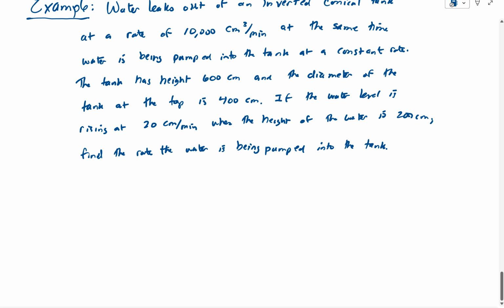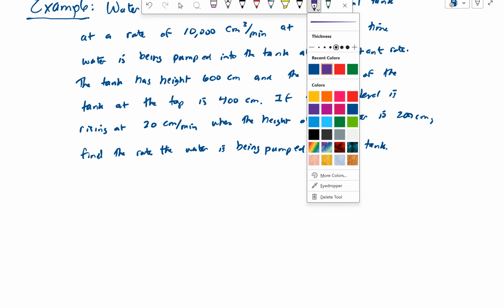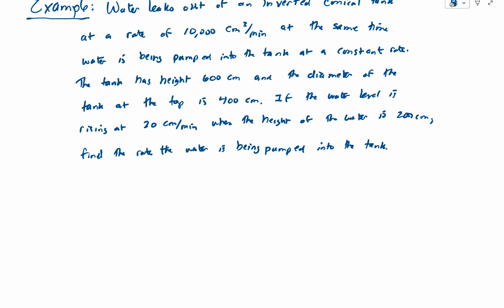So let's go ahead and start with a picture here and some equations that we need. So like I said, I don't expect you to know the volume of a cone off the top of your head, but this is given by pi over 3 r squared h if r and h are the radius and height of the cone.